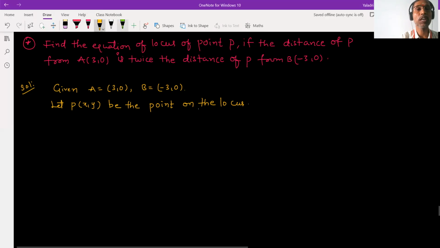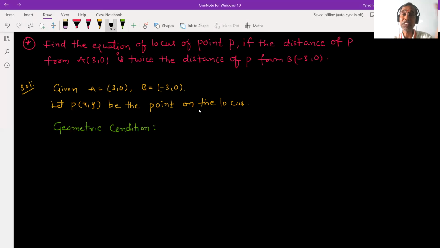Now you should write down the geometric condition. So what is the geometric condition? Like this you should write the geometric condition. Now how to write this one? By using the given data, see there is some distance.